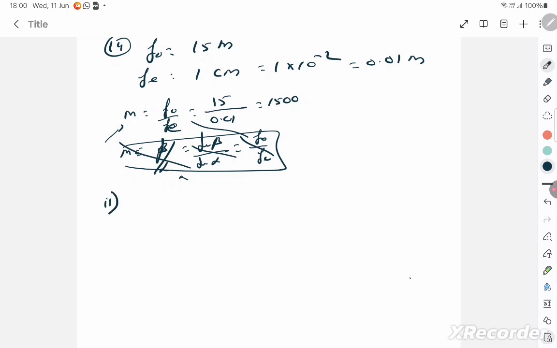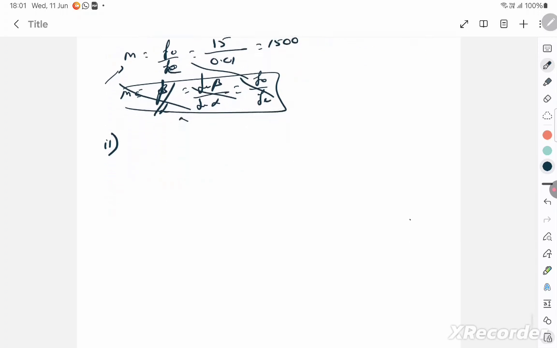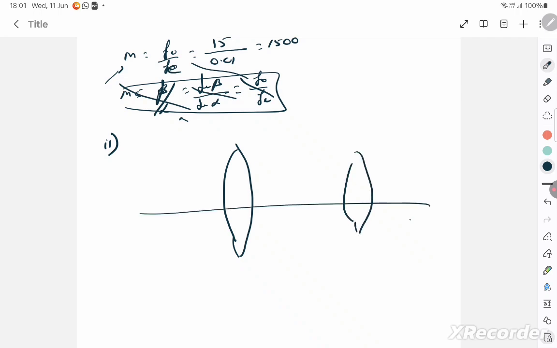If the telescope is used to view the moon, so supposing this is a telescope, this is your objective and this is your eyepiece, and it's used to view the moon. Let's take this is the ray which is coming and falling like this, going through the optic center. Let's take the moon subtending an angle, and this to be the diameter of the moon.